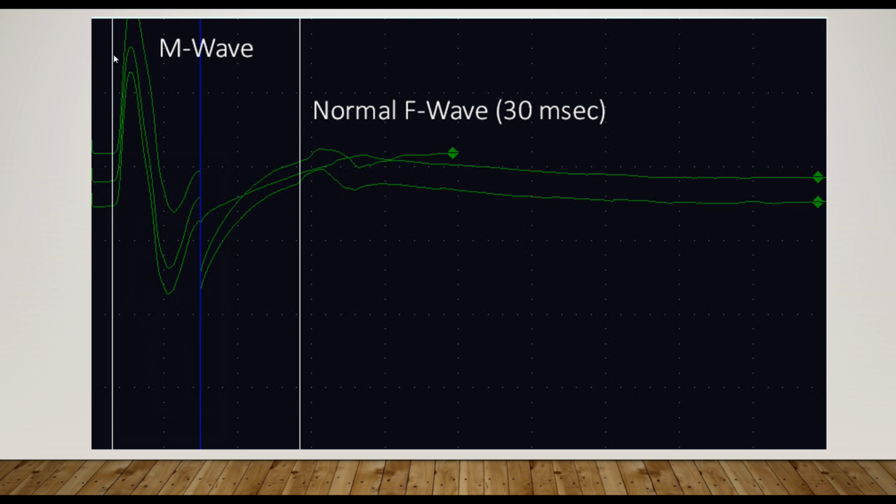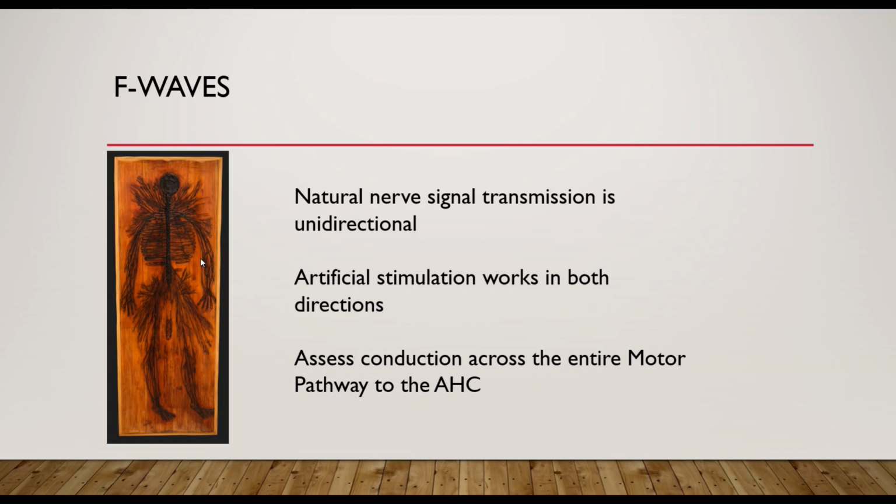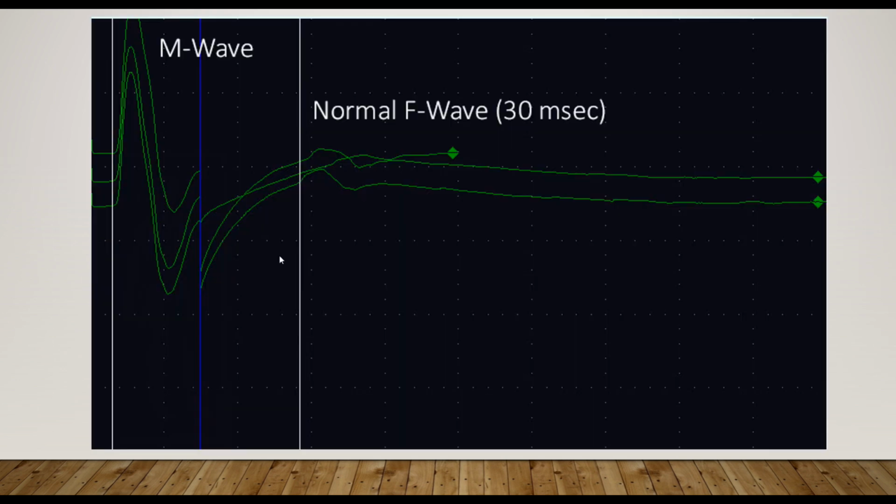So one has the M wave, the muscle motor wave over there. And then sometime later, one has an F wave, which is, as I said, at about a tenth of the original M wave. And this is an upper limb study. It takes about 30 milliseconds, and that's a normal time for the signal to have gone all the way up, tickle the anterior horn cells, and then all the way back down again.